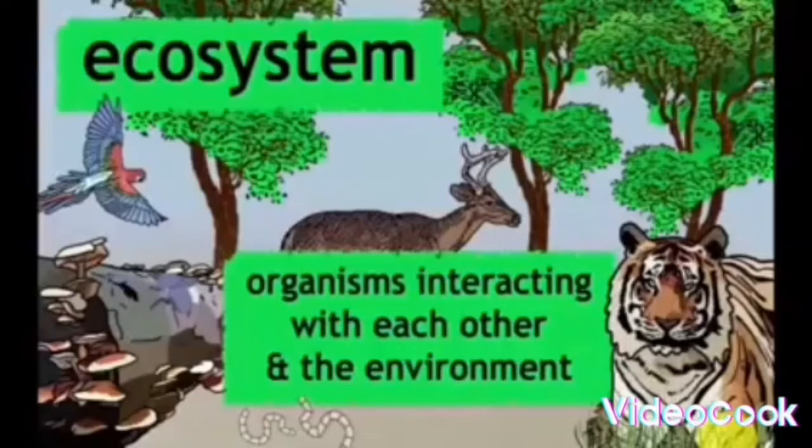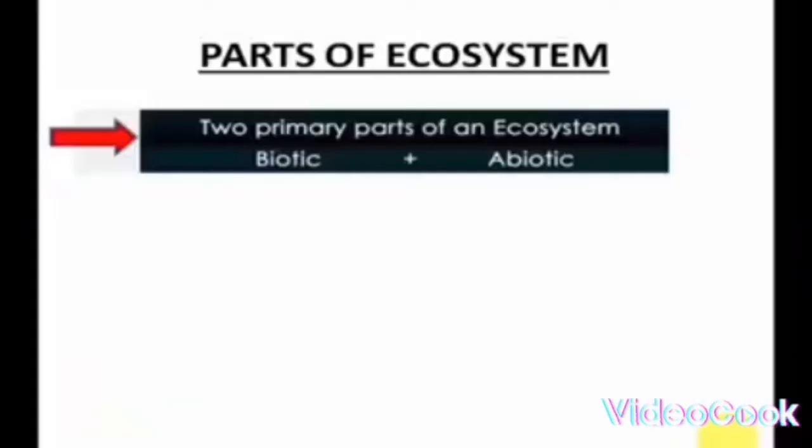Ponds are also an ecosystem, or a puddle or a single bush. A bush is also an ecosystem. It comprises living and non-living components. Now, according to our definition, an ecosystem refers to organisms interacting with each other in the environment.